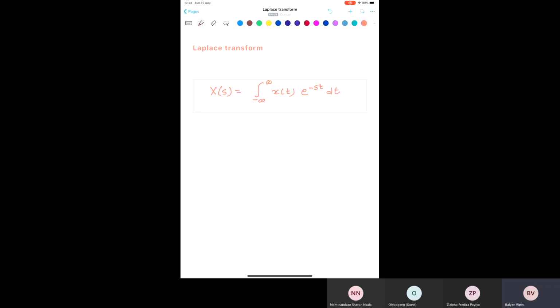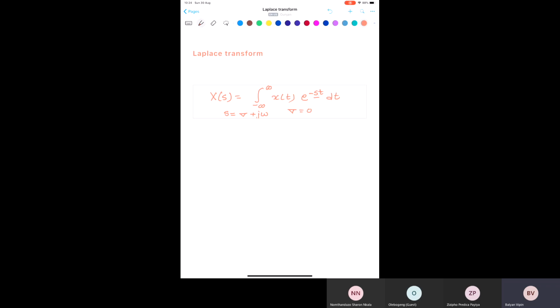If you compare it with the formula of the Fourier transform, there we have e raised to the power minus j omega t. The difference between these two is that s here is sigma plus j omega. If I make sigma equal to 0, I can say that this X of s is equivalent to your Fourier transform.